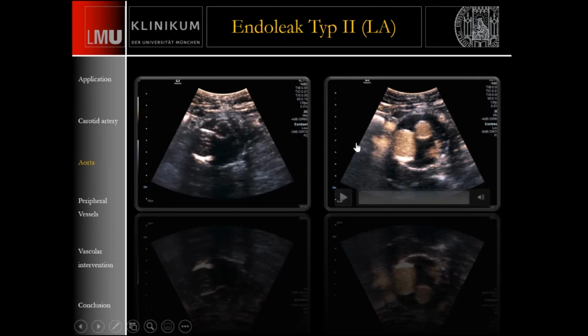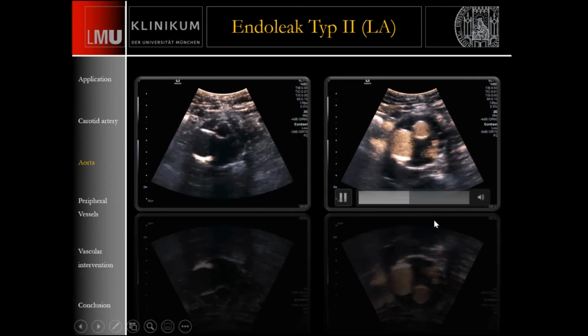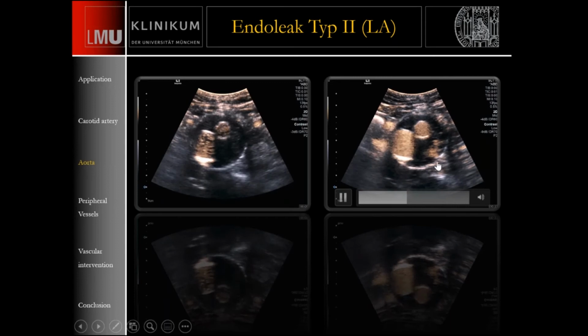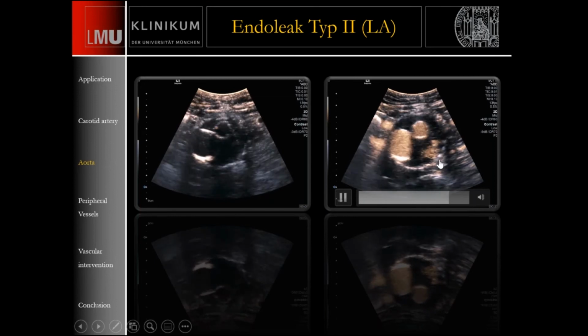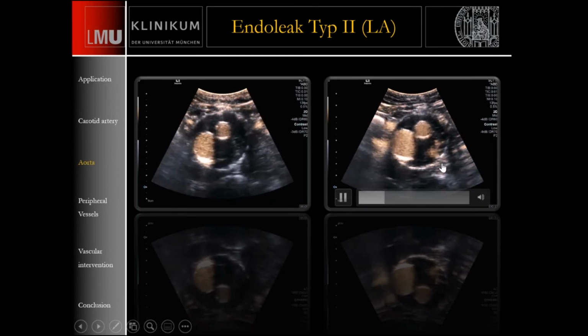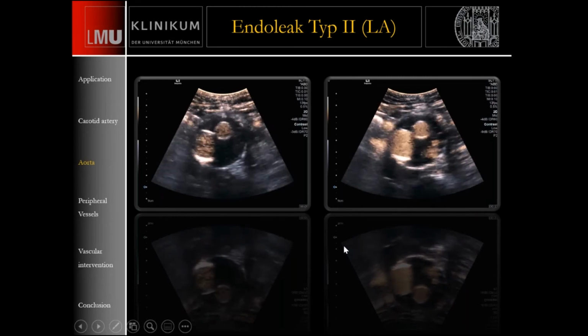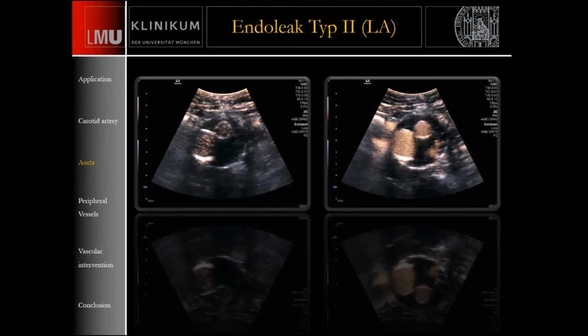If we go to the later phase, we see a nice enhancement of the thrombosed aneurysm, and the feeding vessel in this case is the left lumbar artery. It's called a type 2A endoleak because it's only one feeding vessel.